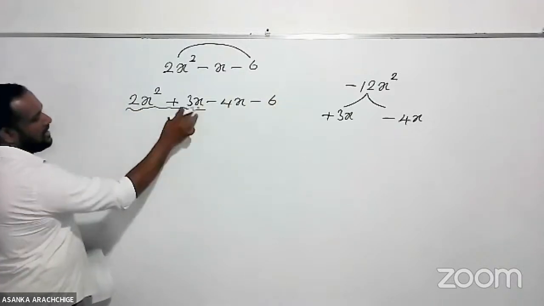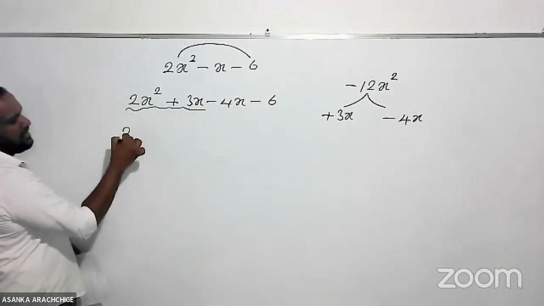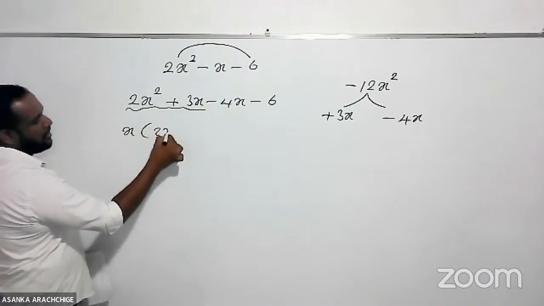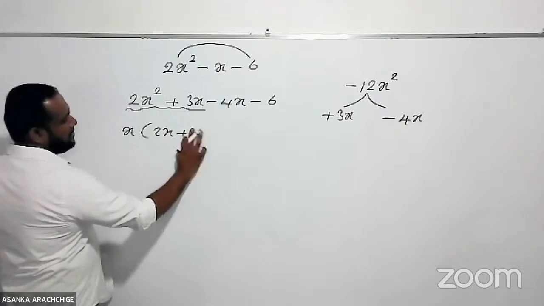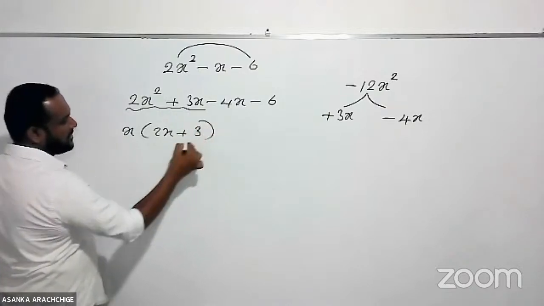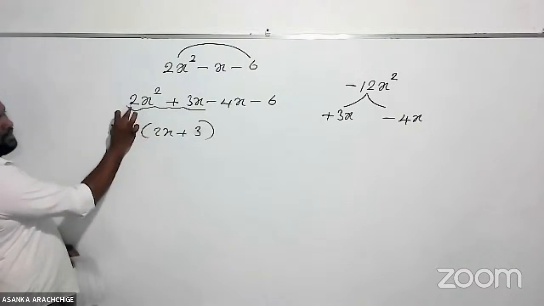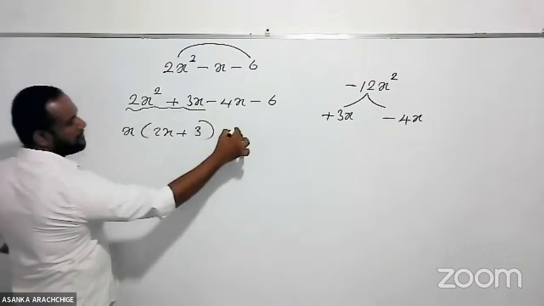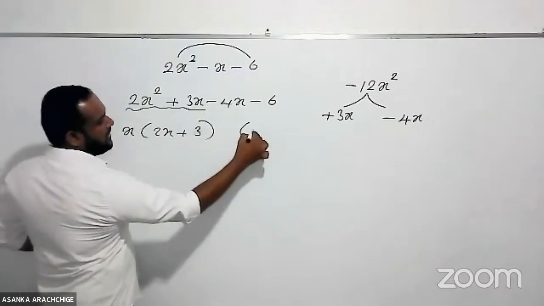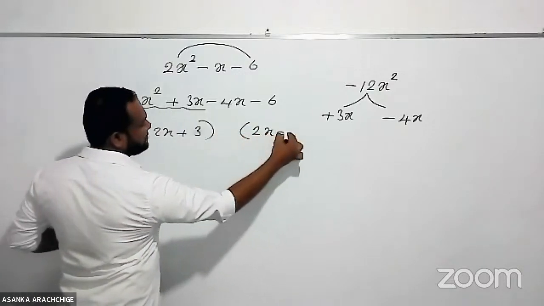The first pair, the highest common factor, x. x times 2x plus 3. Check again. x times 2x, 2x squared. x times 3, 3x. Then write this again within brackets, 2x plus 3.